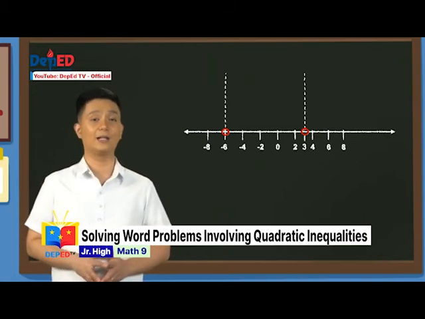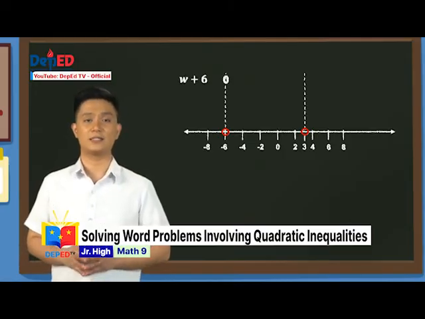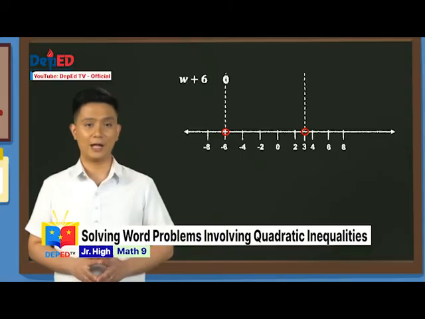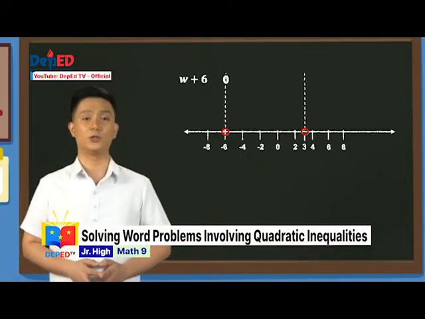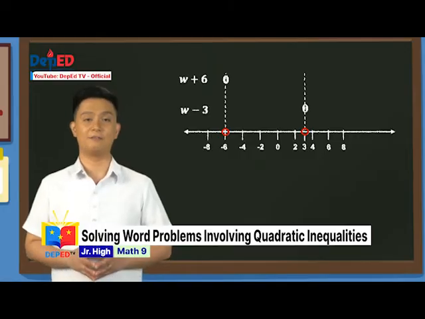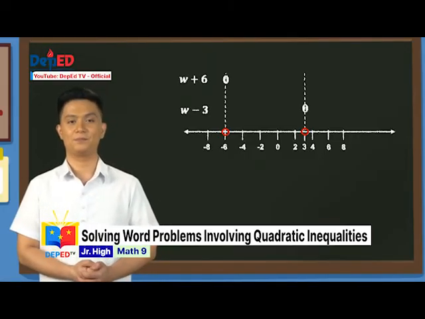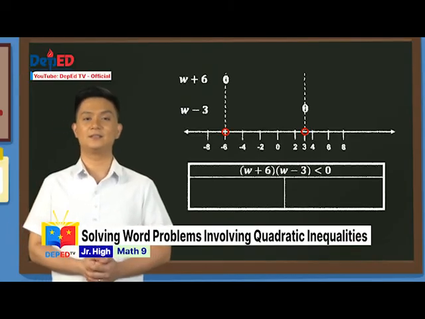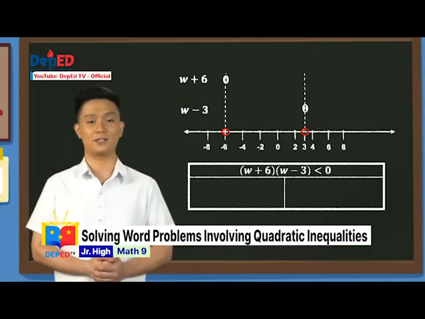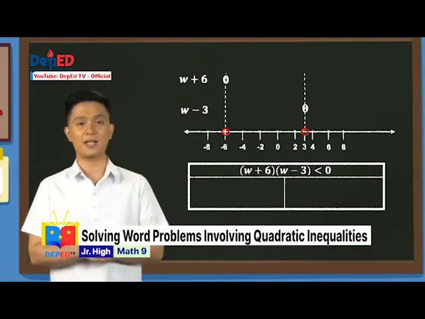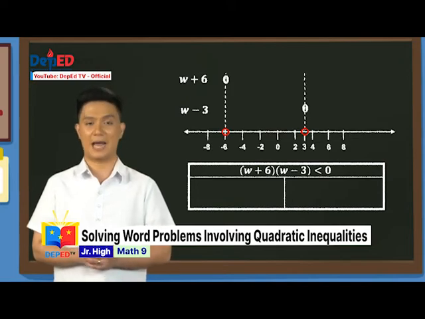Now let's add the following details on the graph. At w equals -6, the value of the factor w plus 6 is 0. At w equals 3, the value of the factor w minus 3 is 0. The inequality, binomial w plus 6 times binomial w minus 3 is less than 0, implies that the values of the factors must be of different signs.